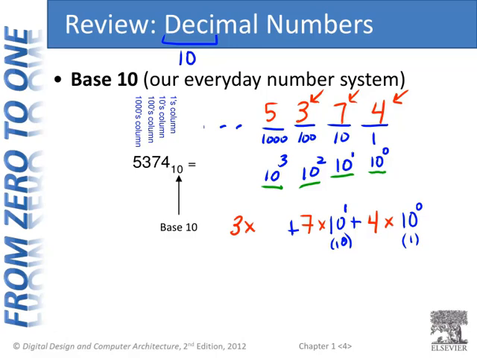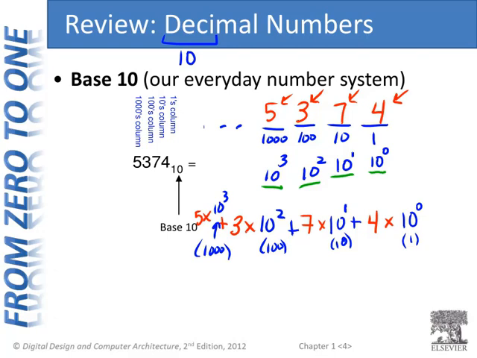times its column value, which is 10 to the 2, or just 100, plus our final digit, which is 5 times 10 to the 3, which that's just 1,000.